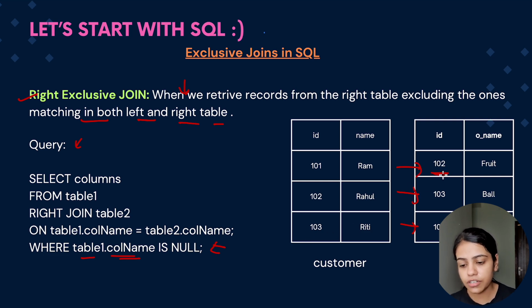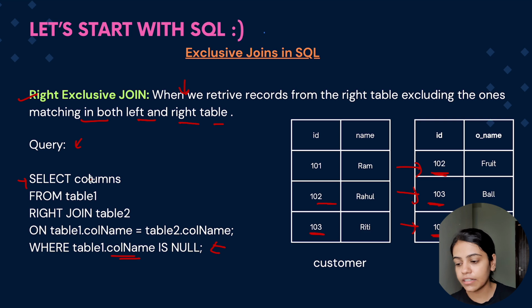So for 102 it finds the matching data, for 103 it finds the matching data, but for 104 it won't find any matching data. So it will print 104 utensils null and null. So table1.id would be null and table1.name would be null.